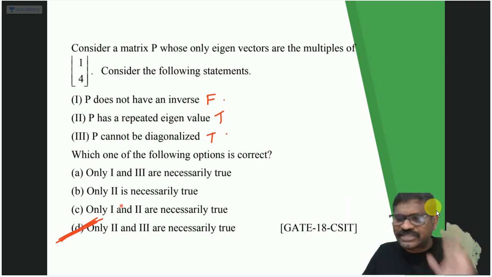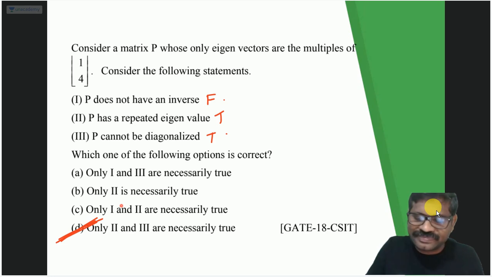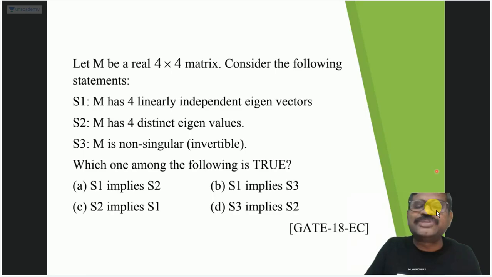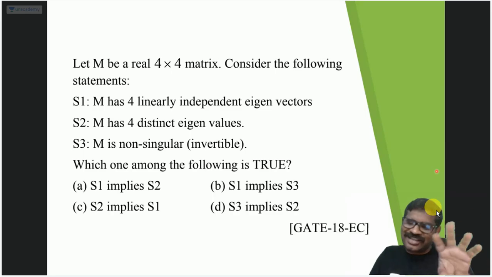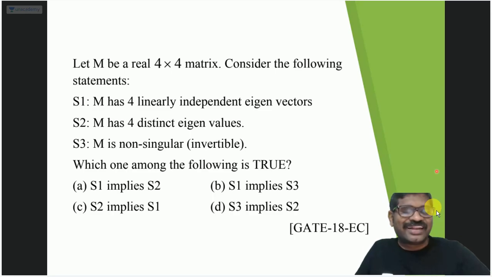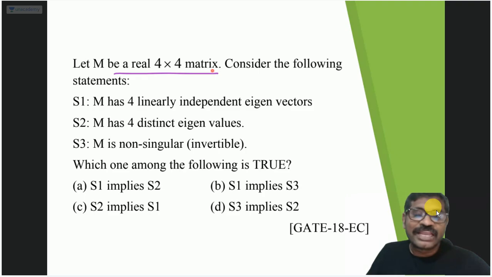Got it? Very conceptual question. Observe the next problem. It is also designed based on a similar concept. Let M be a 4 cross 4 real matrix. M has 4 linearly independent eigenvectors.